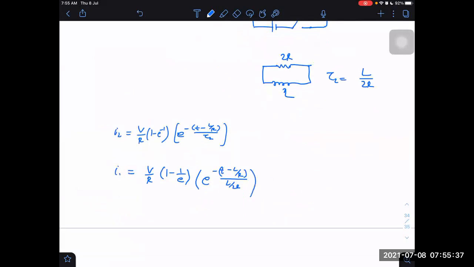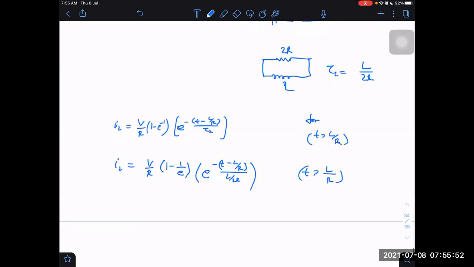That is equal to I2. It is for t greater than L by r. Okay. For time greater than L by r. This is what it is.